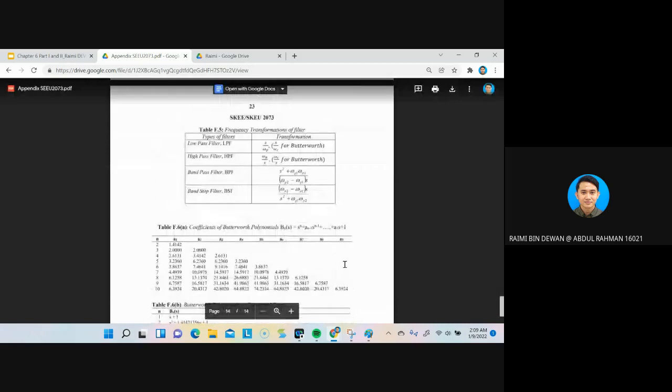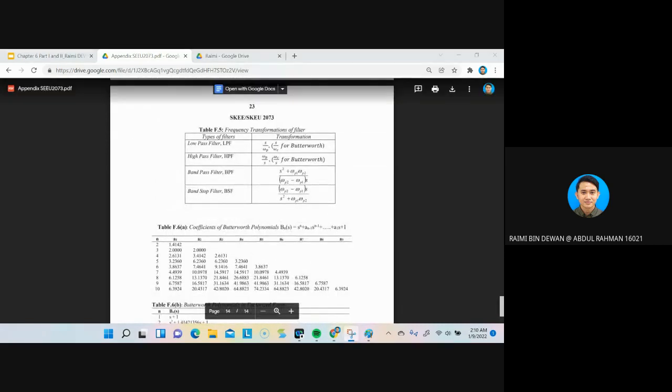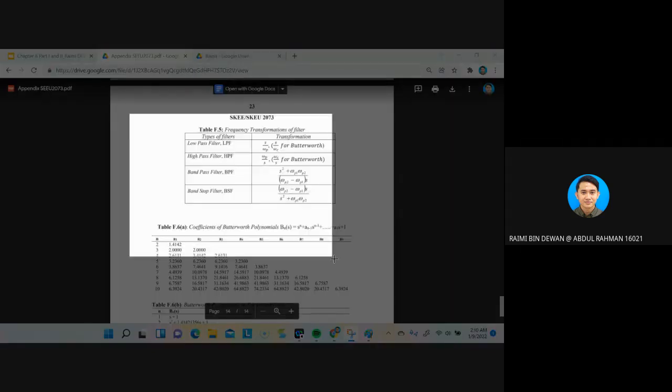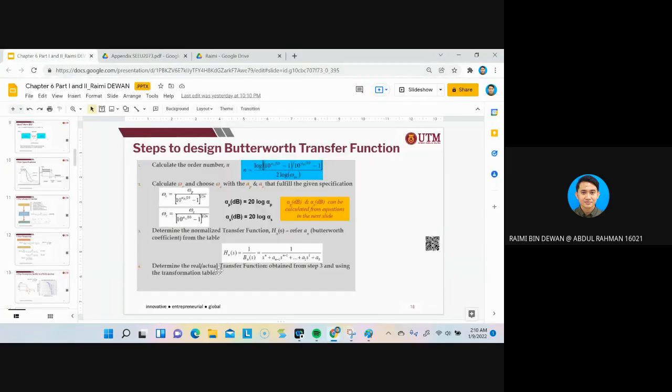For example, this is the step we discussed: determine the real or actual transfer function obtained from step 3 using the transformation table.